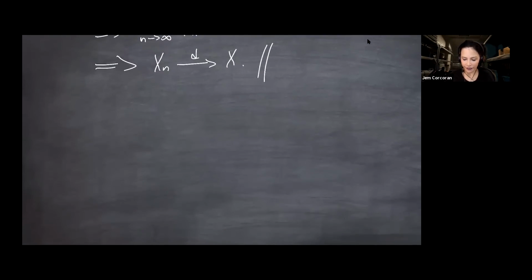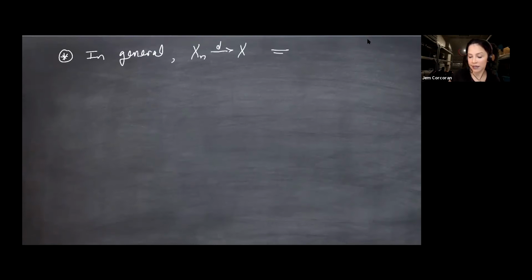So just as a note, in general, if X_n converges in distribution to X, this does not imply that X_n converges in probability to X.